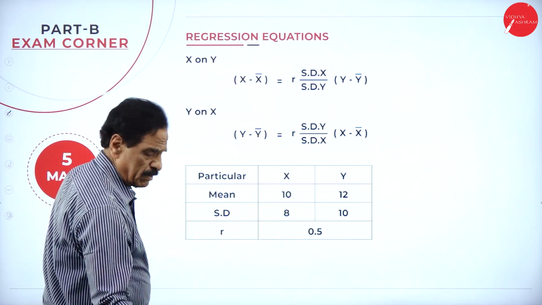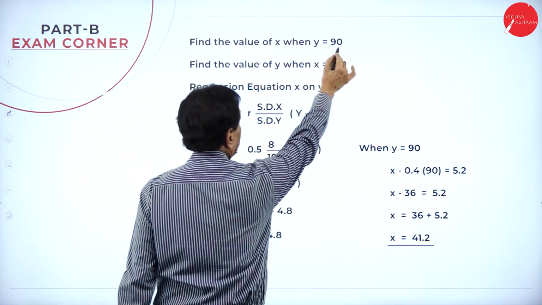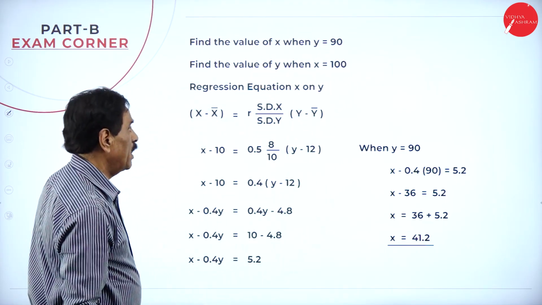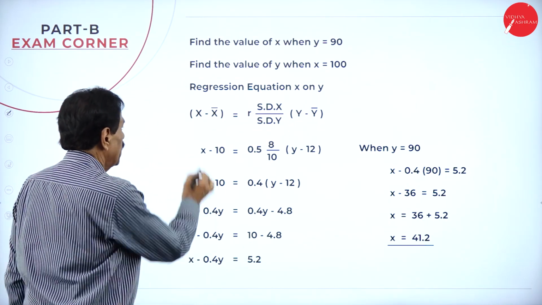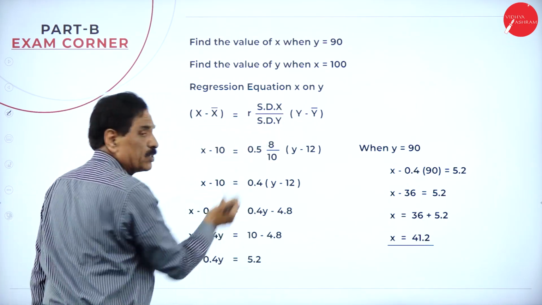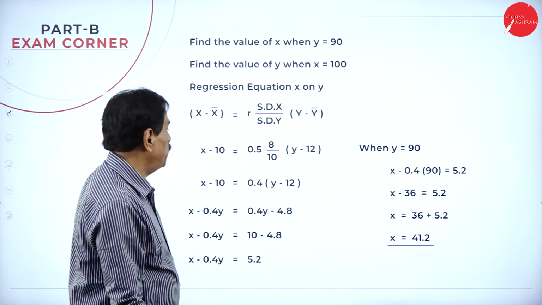r is the common correlation. Apply. Find the value of X when Y is equal to 90. Find the value of Y when X is equal to 100. Regression equation X on Y: X minus X mean equals r into standard deviation X divided by standard deviation Y, into Y minus Y mean.